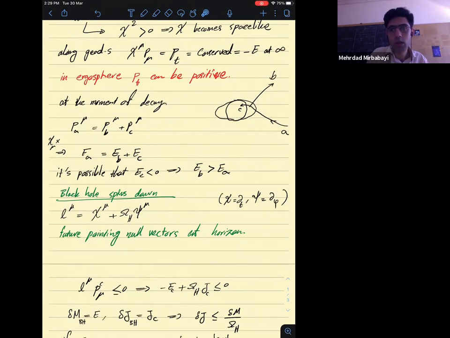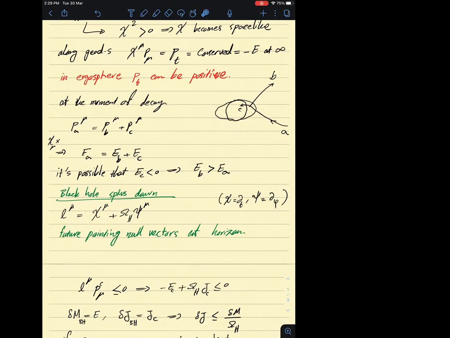It could be the rest mass or the kinetic energy of the particle B. But in general, you could imagine this particle B is not a particle, but made of gravitational waves, for instance. In general, that's a possibility, but it doesn't have to be the case.